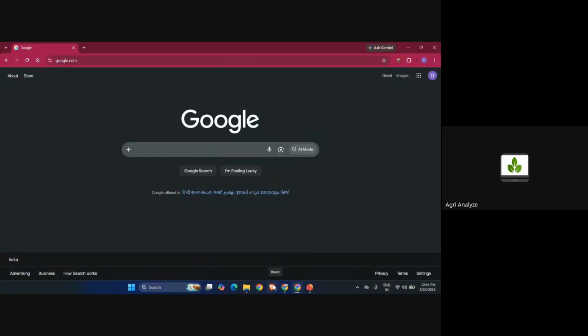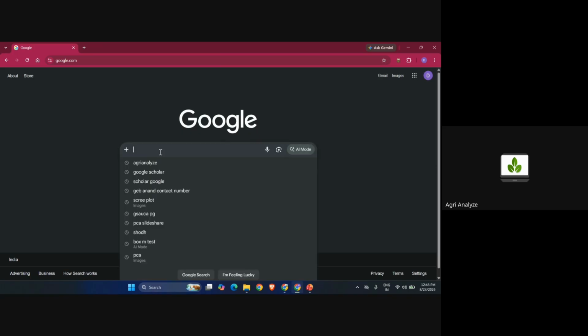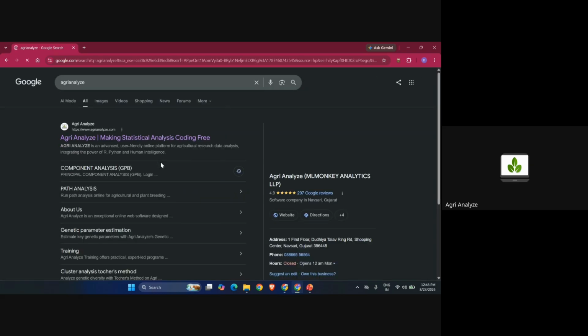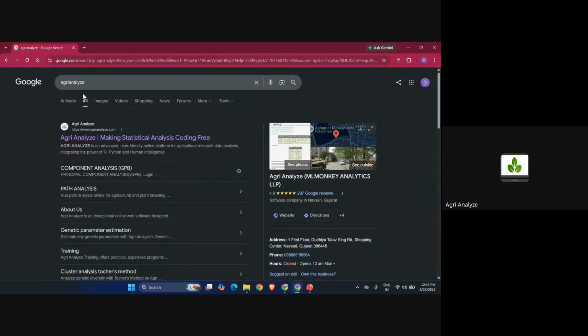For our AgriAnalyze tool, all the participants are requested to register yourself. How is it registered? Please follow my steps with your PC. You have to write AgriAnalyze in your Google, and the first site shown looks like this: AgriAnalyze, making statistical analysis coding free.